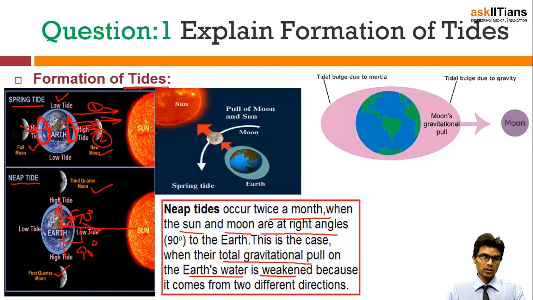Okay, so due to the moon, here is the position of high tide, and here also is a position of high tide. Due to the sun, with its higher distance, this is the low tide.